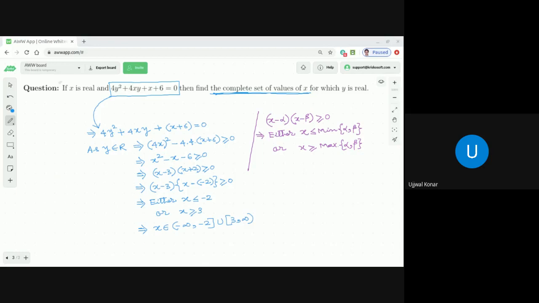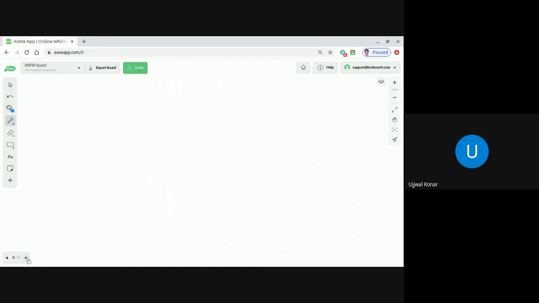The next question that I gave is something like this. The question is: find the greatest and the least real values of x and y satisfying the relation x square plus y square is equal to 6x minus 8y.